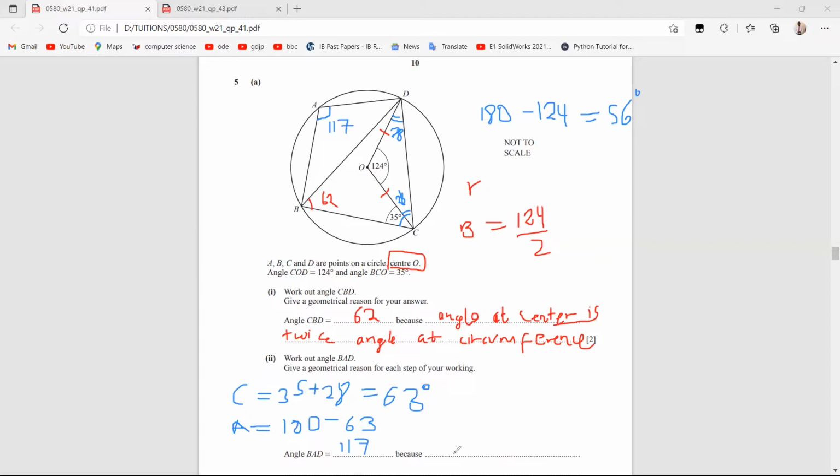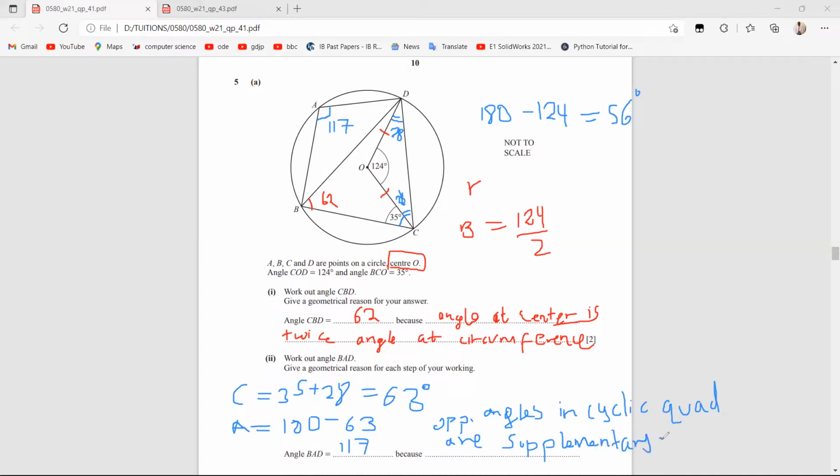And our reason would be opposite angles in a cyclic quad are supplementary, okay? Opposite angles in a cyclic quadrilateral are supplementary, all right?